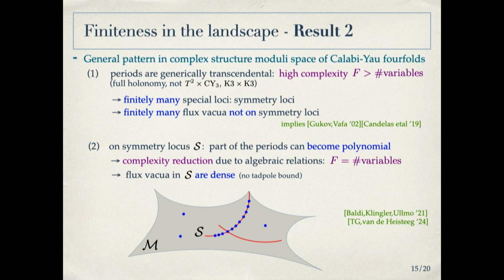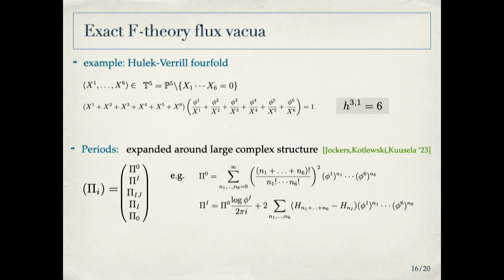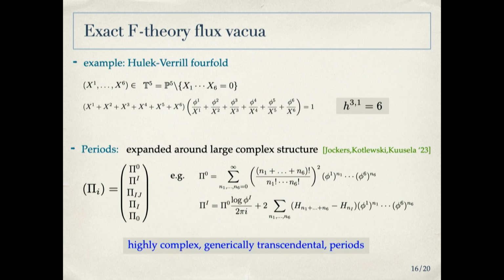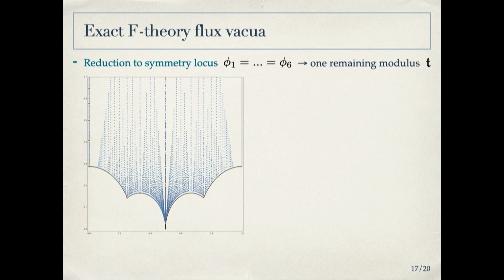But if the complexity of the periods reduces on these loci, we can solve polynomial equations, and we can even do this exactly. And we did this for an example. This is like a genuine Calabi-Yau fourfold with 6 moduli. And you see here the periods, extremely transcendental functions, highly complex, generically transcendental. However, if you go to the symmetry locus, you just have one remaining modulus, and such a beautiful picture emerges.